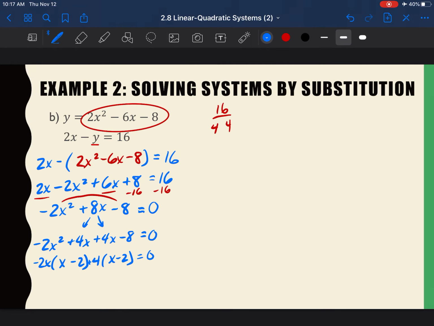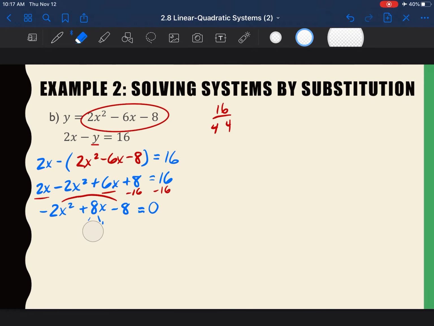So you know what? I'm just going to regroup and do that again to make it go faster. I can divide everything by negative 2 in this case. I should have done that in the beginning, but it's okay.